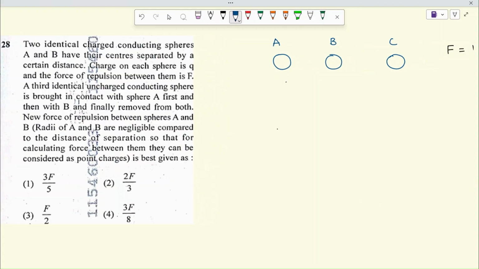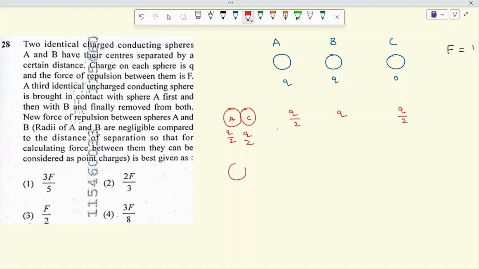Let us say initially A is q, B is q, C is 0, the initial charges. Then what happened? C is brought into contact with A. Now the charge is shared between them, q by 2 each for A and C. So the new charges become q by 2 for A, q by 2 for C, and B did not change, it is q.